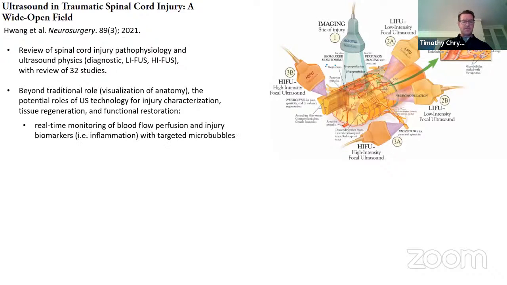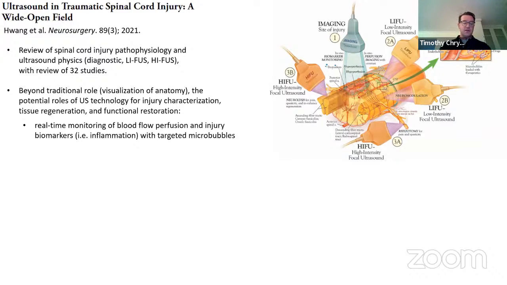So some of the key points that have really yet to be fully explored that ultrasound might offer: real-time monitoring of blood flow. Perfusion is certainly one, using Doppler technology. They do point out some of the challenges with this, and some room for technological innovation.